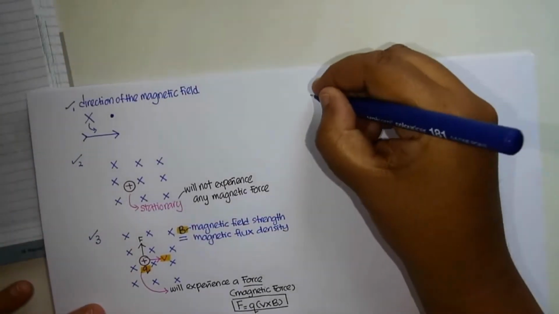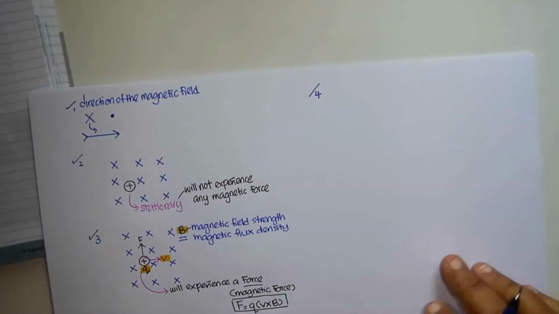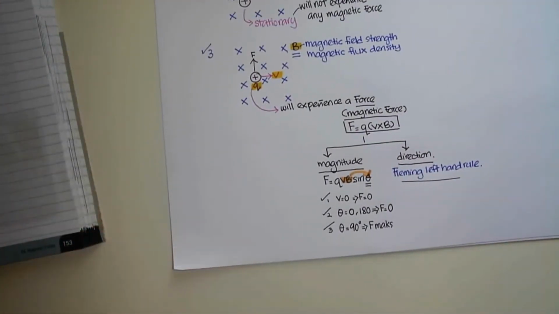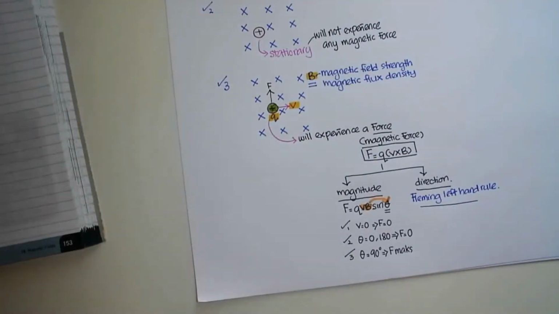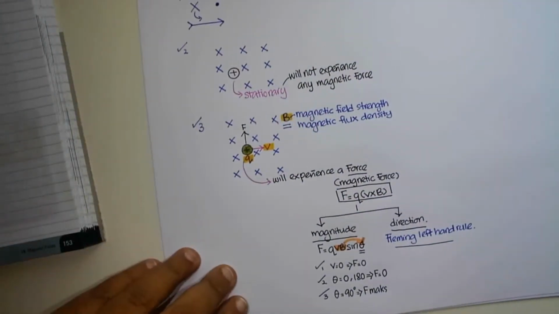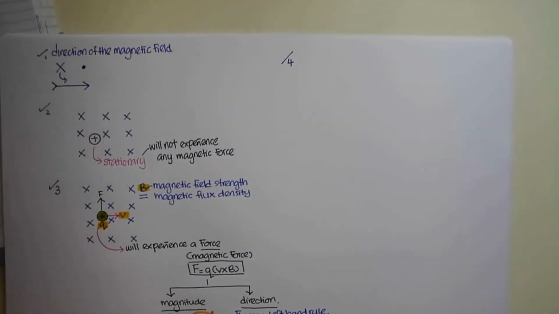Point number 4. For point number 3, you will notice that we are actually using a positive charge in this example. For point number 4, I'm going to use a negative charge.